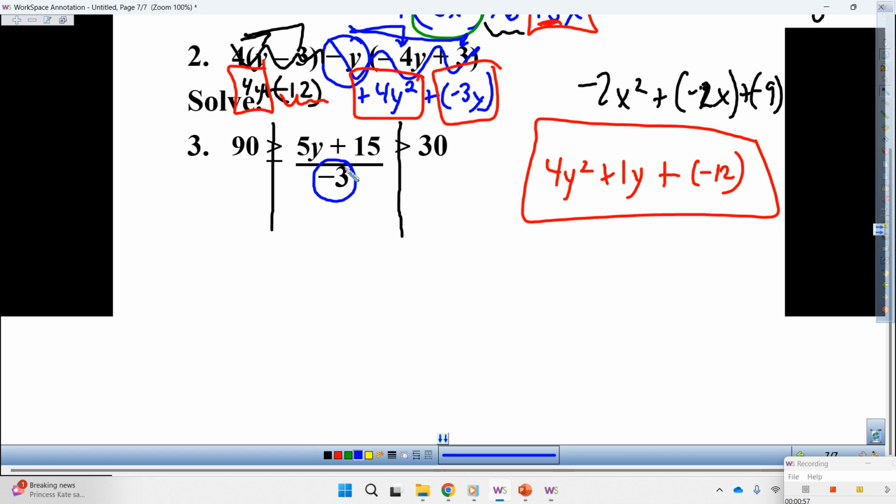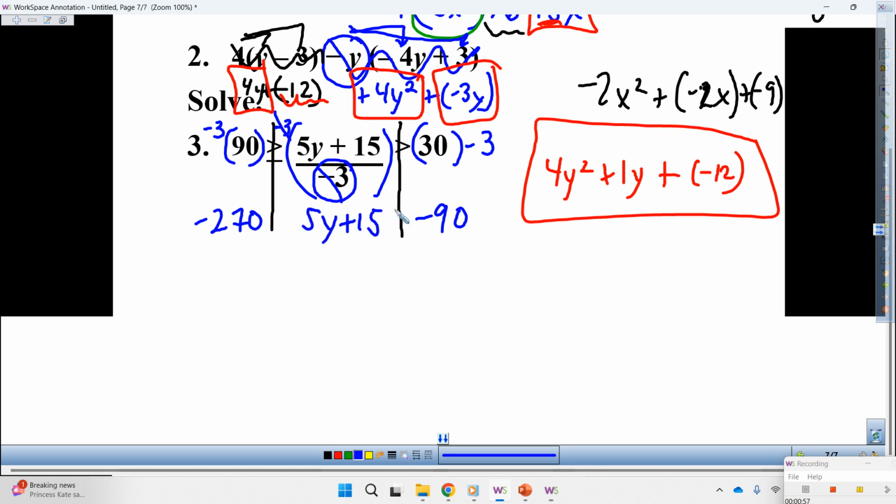So what is the opposite? We multiply times negative 3. Everything times negative 3. So therefore, this is negative 270. This is negative 90. And we're left with 5y plus 15.